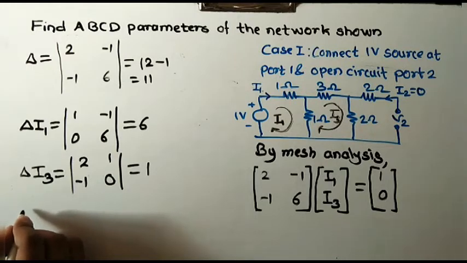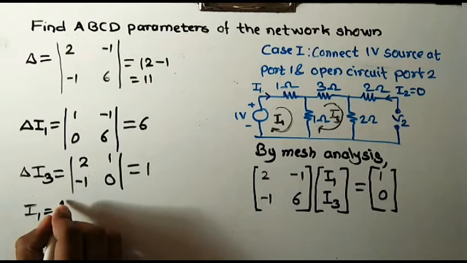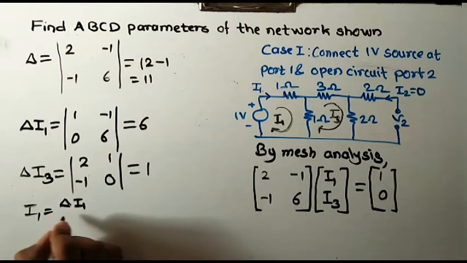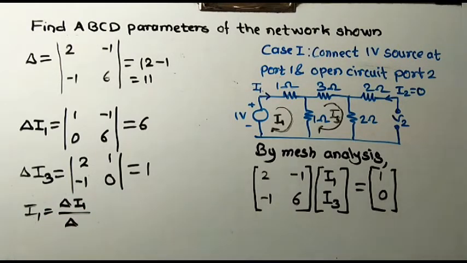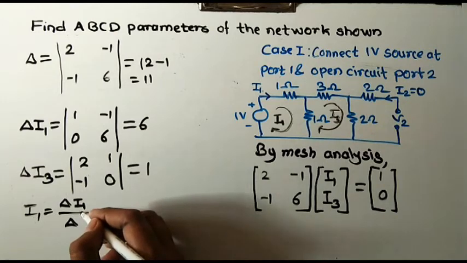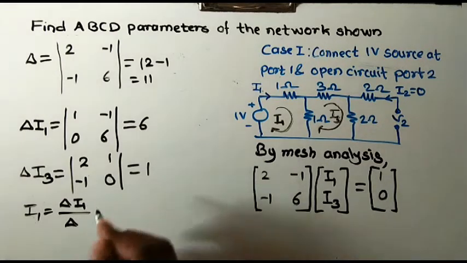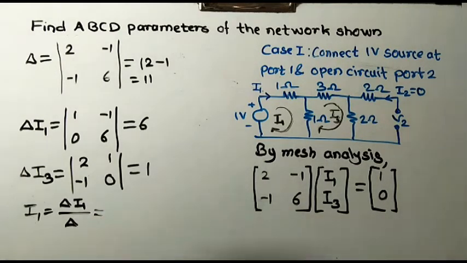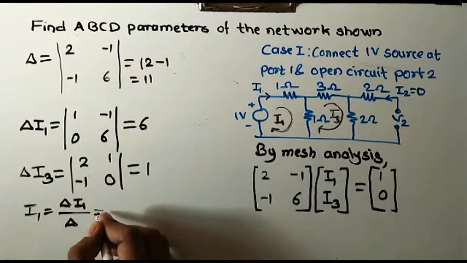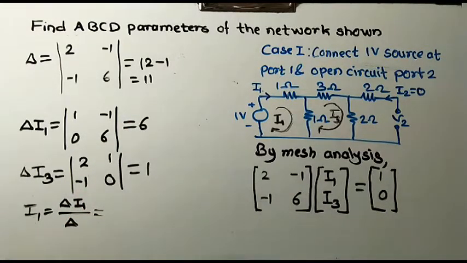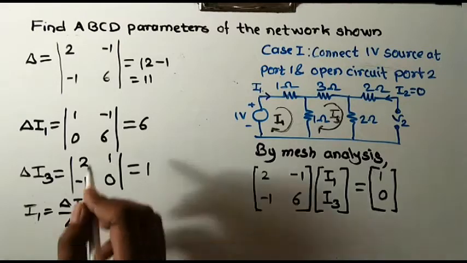So by Cramer's rule, I1 will be equal to delta I1 divided by delta. Different notations can be used as per your university or the book you have referred.